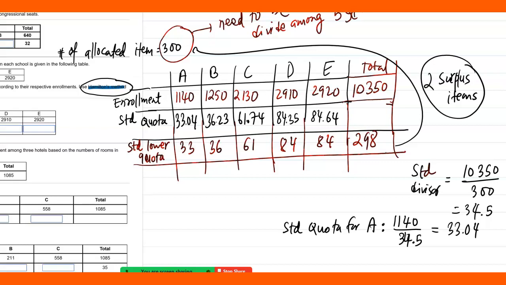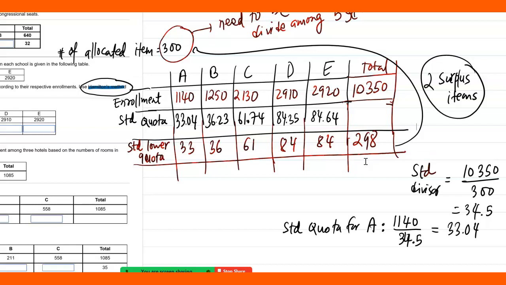In the Hamilton method, you have surplus items, because we assign the computers to each group as a whole number, but 300 computers need to be divided and we only divided 298, so two computers are left. The question is, which group gets those two computers?